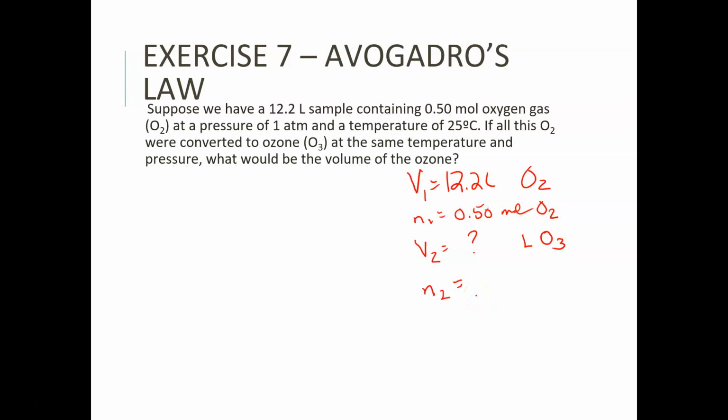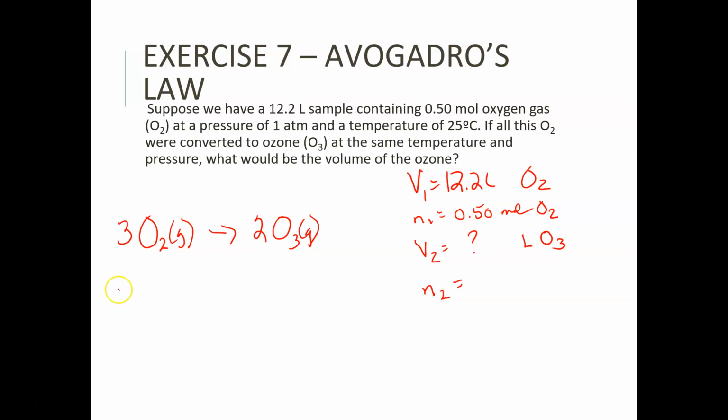So what we have to do is very simple, right? We know there's a reaction going on here. We know that O2 gas is combining to form O3 gas. If that reaction's happening, then we can balance that equation and figure out how many moles of O3 are produced if half a mole of O2 is there. We've got 2 O's here, 3 O's there. Well, I need 3 O2s here and 2 O3s here.